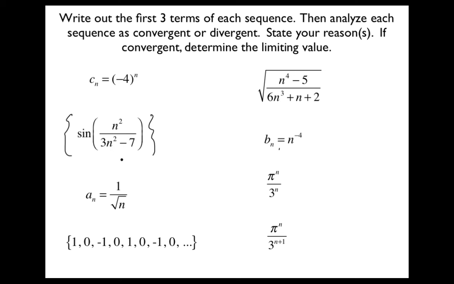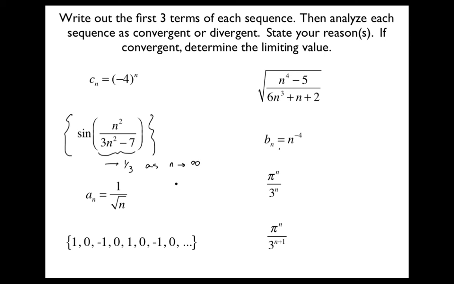Remember this from pre-calculus? It will be 1/3, the ratio of the leading coefficients. If your degrees are the same, and you let n get very, very large, this is going to approach 1/3 as n gets really large.